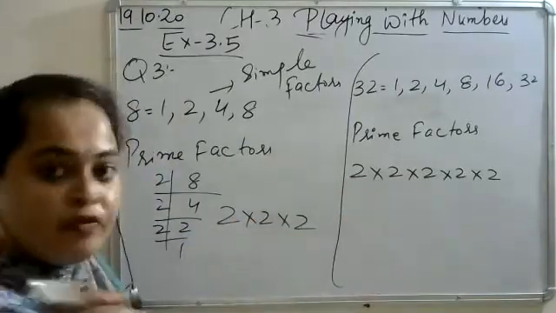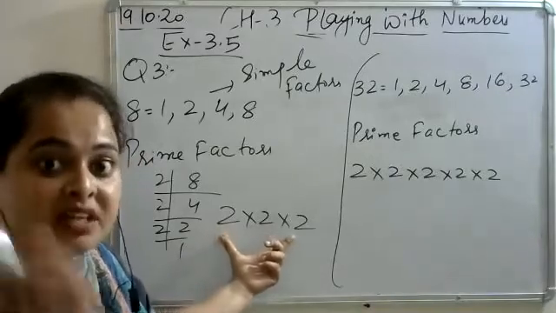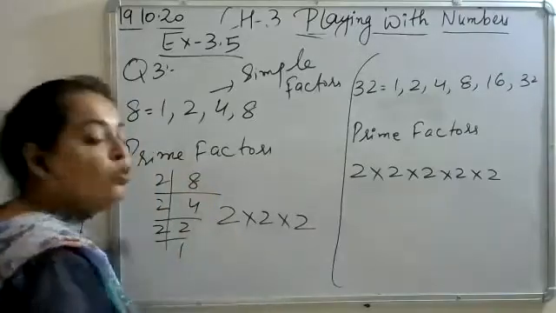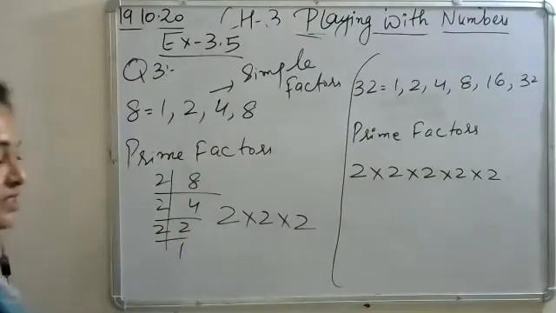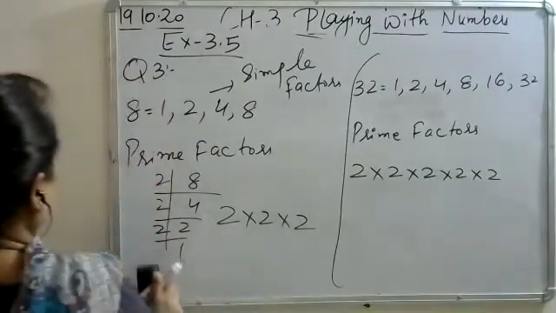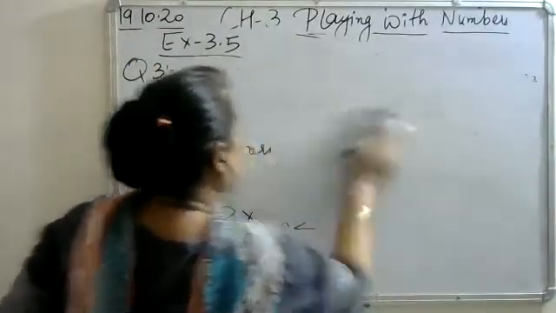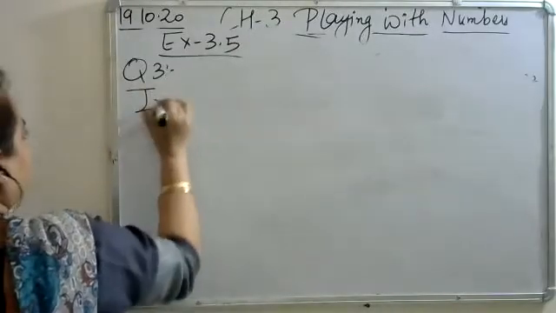According to you, whenever you will write prime factors, which numbers will you not write? Because in prime factors you will write only prime numbers. Ipsa, your answer is correct. Very good. So in the prime factors, we will not write one and number itself.